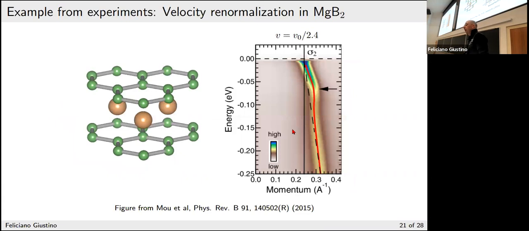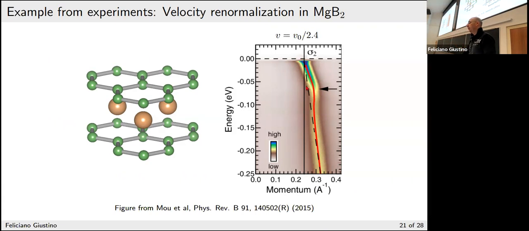And this is an example for magnesium diboride, where this is essentially a measured photoemission spectrum. So the dashed line will be a DFT calculation of the bands. And these peaks here in green and blue are what you see in the experiments. So you see this kind of kink structure that really is a manifestation of electron-phonon interactions.